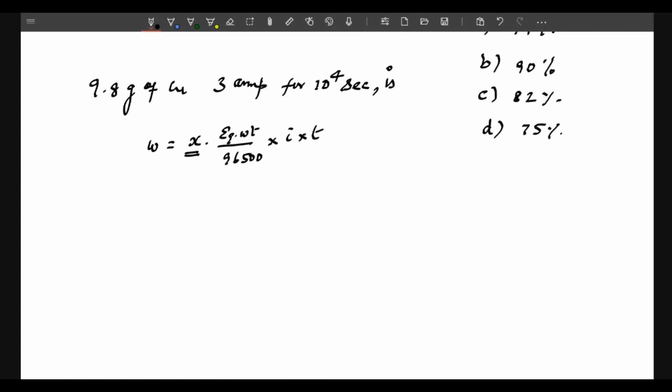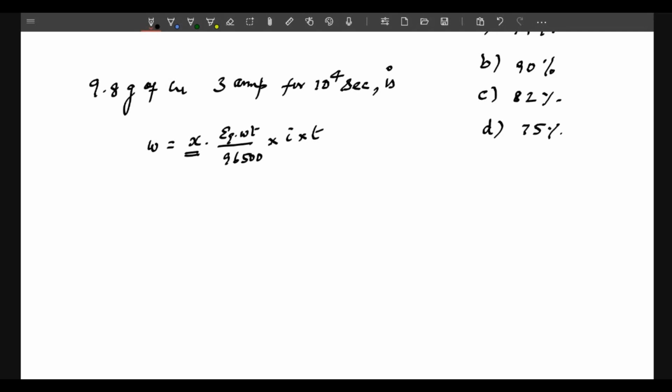X is nothing but the current efficiency. This current efficiency would be obtained as a fraction. If no mention about the efficiency is given, you would directly take X as 1.